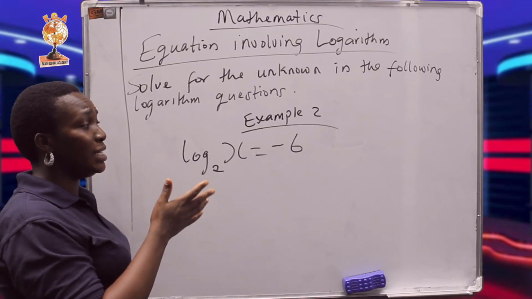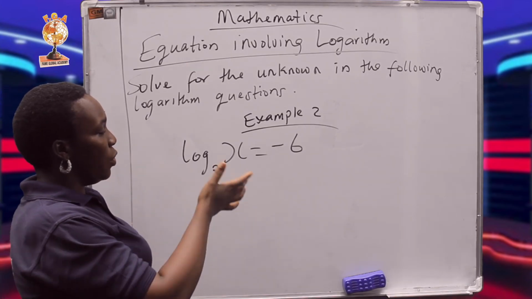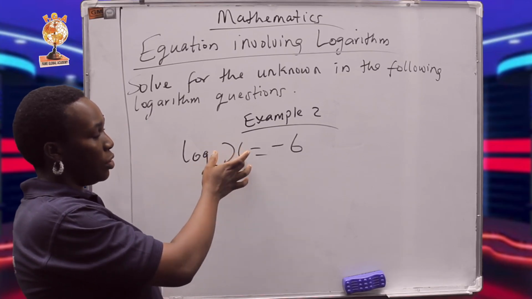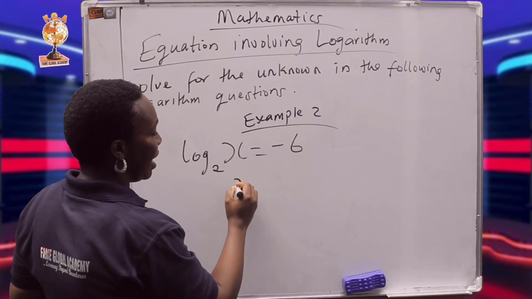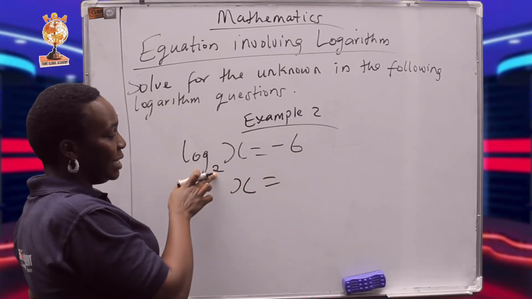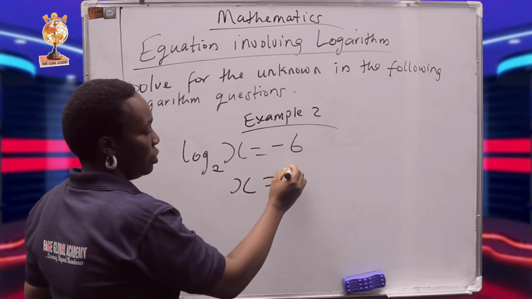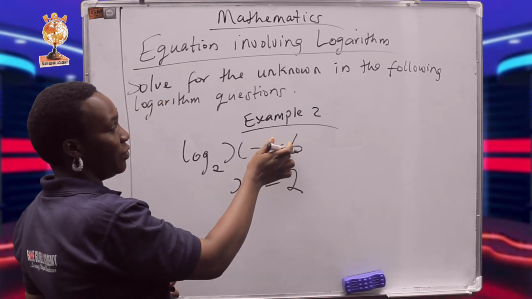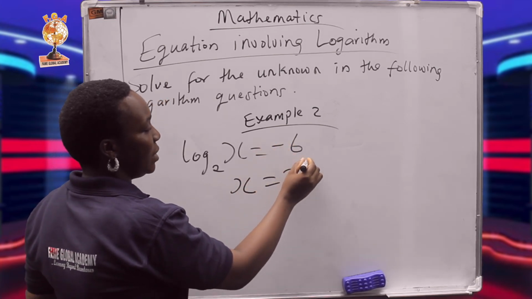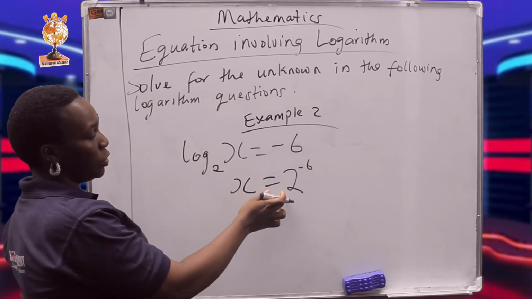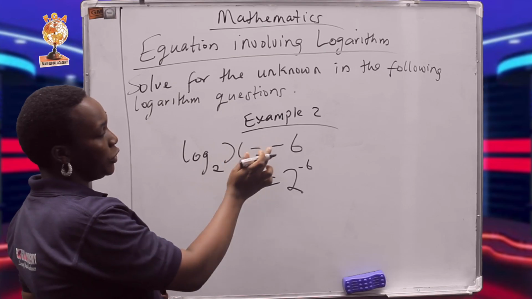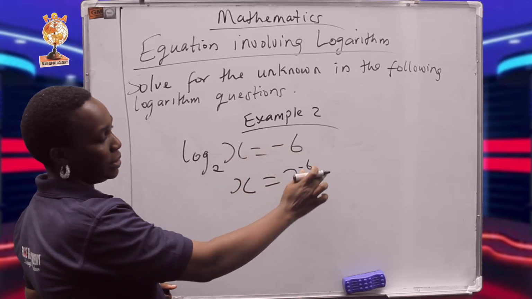Just like what we did in example 1, the unknown is also the logarithm. So this one is a bit simple as well. You have your x equal to the base, which is 2, raised to the power of the answer, which is minus 6. The logarithm is x equals the base, which is 2, raised to the power of the answer, which is minus 6.